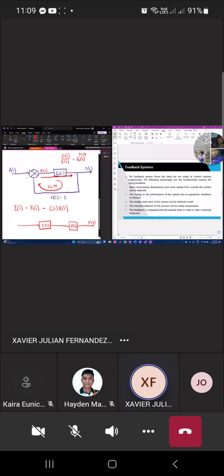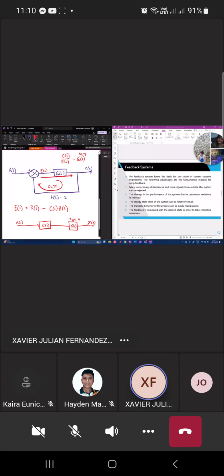Whatever controller you use, you can just cascade it. So what happens is your transfer function depends on the kind of controller. Let's say your plant is a type N, either type 0, type 1 or type 2 transfer function, and your C of S is maybe like 1 pole and 1 zero.